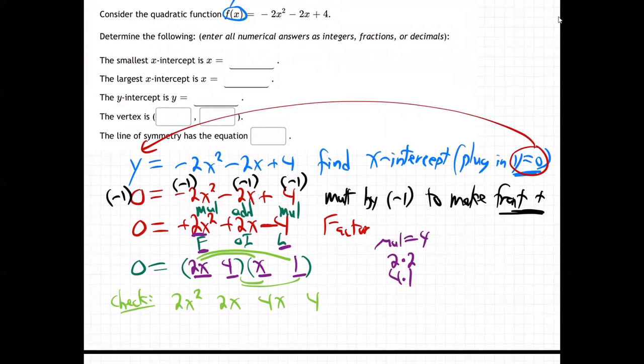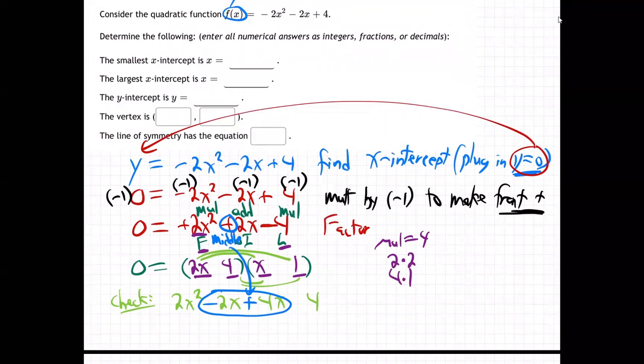Let's see. So these 2 in the middle. How do I get the sign in the middle? Remember, that middle sign always goes to the bigger number. Plus 4 minus 2 will make plus 2 in the middle. Am I going too quick on that? Is that making sense? You seeing that?